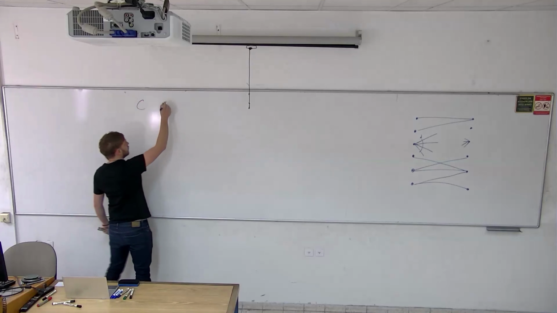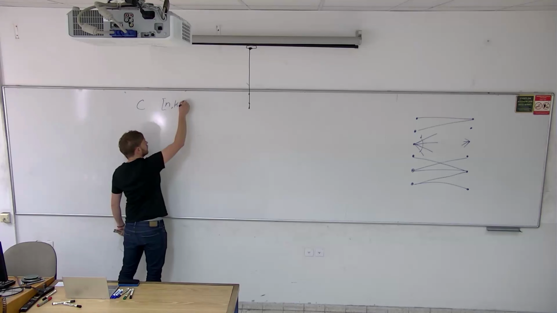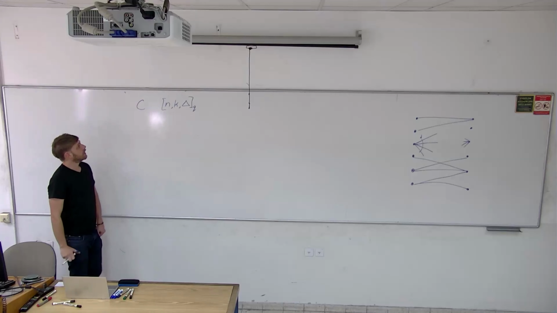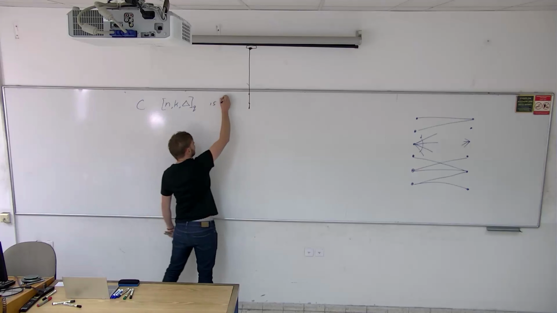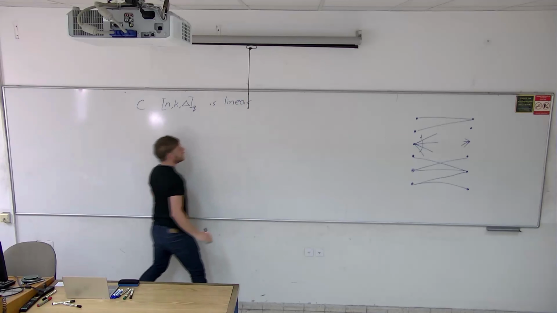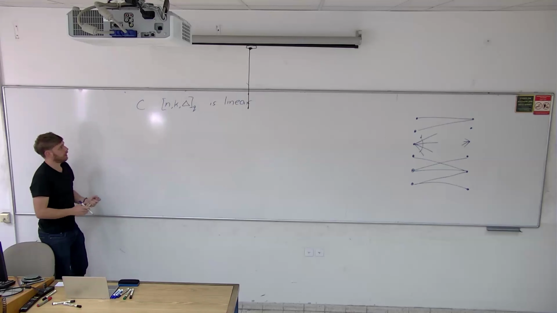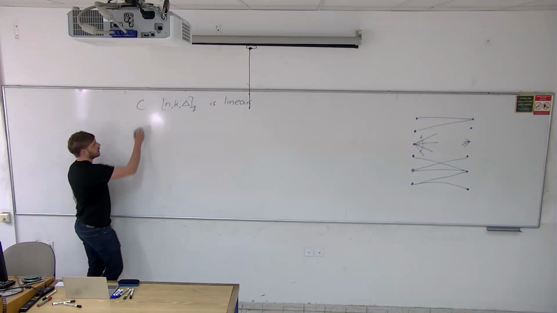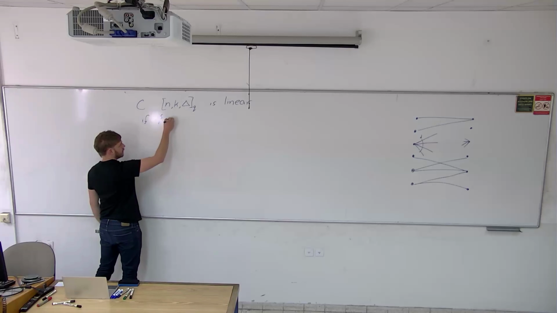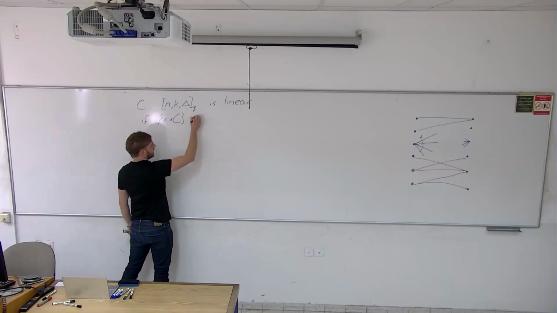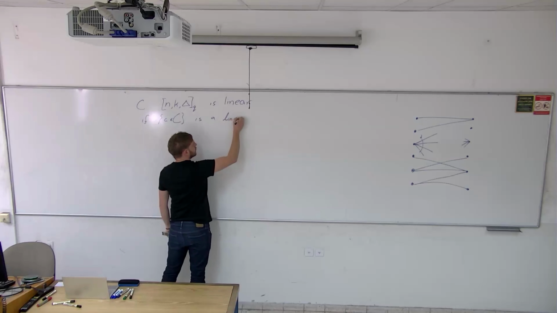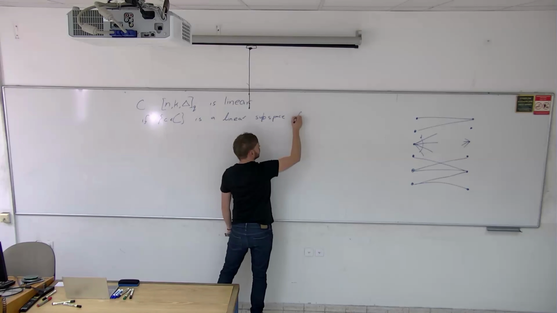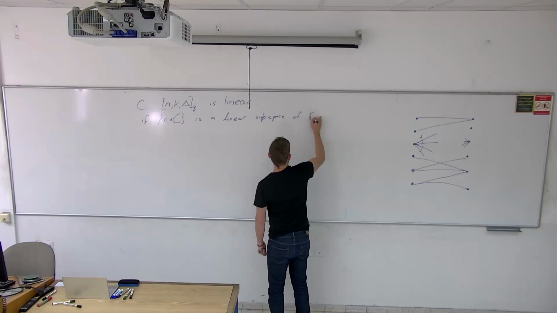We say a code C over the alphabet Q is linear simply if its code words form a linear subspace, that is, C is a linear subspace of Q to the n.